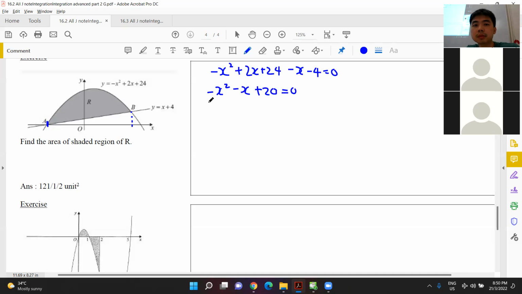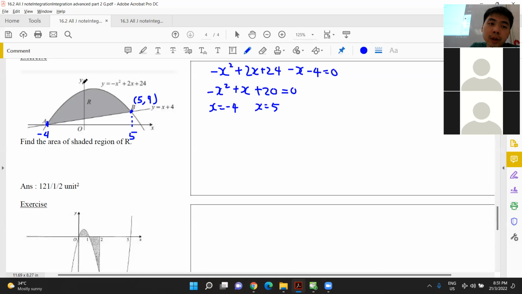Wait, 2x minus x, positive x indeed. So you have x equals negative 4 and x equals 5, of which obviously this is the negative 4 and this is the 5. In fact, we want the coordinates here. When x equals 5, y will equal 9. Okay?